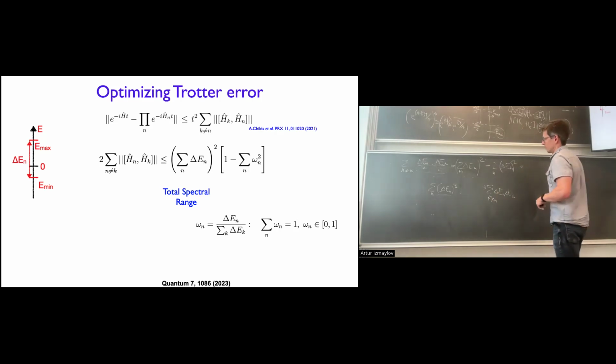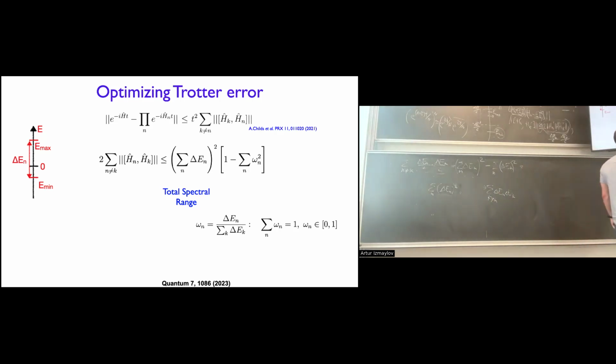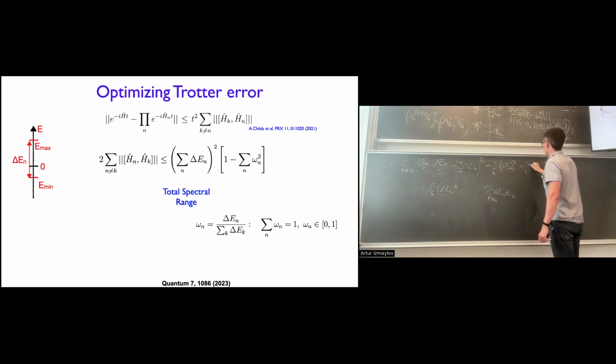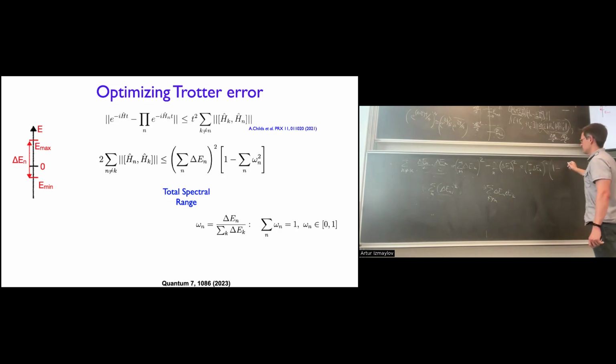This can be written in the form that is written there: the sum over delta En squared, here will be 1 minus delta En squared divided by the sum over delta En squared, right?